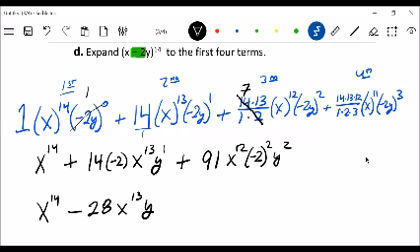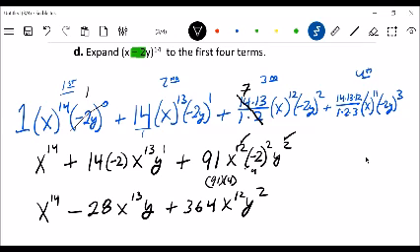Well, negative 2 times negative 2 is 4, so we get 4 times 91, or I'll do it this way, 91 times 4, and that gives us 364, and then the x to the 12th and the y squared. So it gives me those two things, the 4 and the 91, and I get the third term.